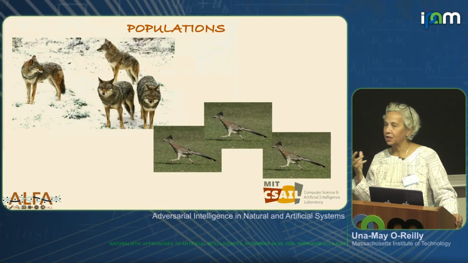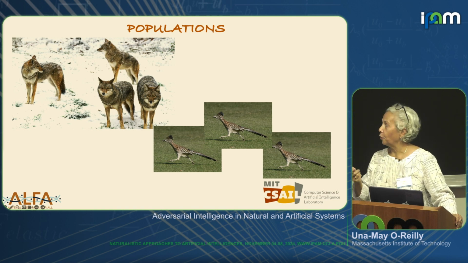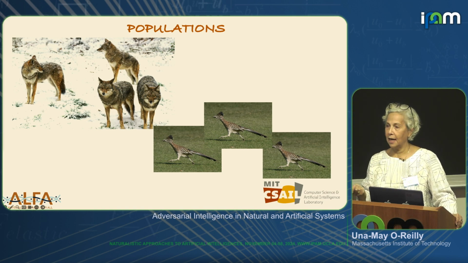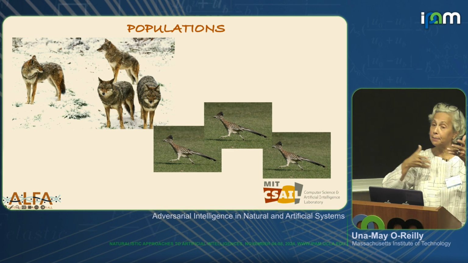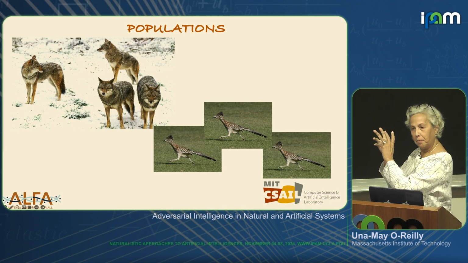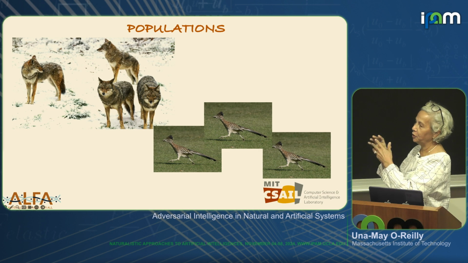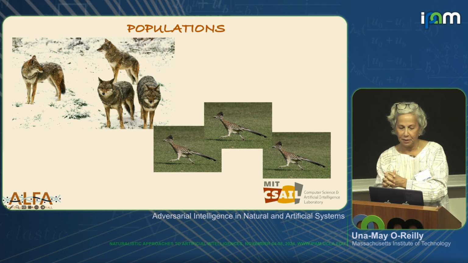There are populations of coyotes that evolve over time to have good strategies for catching their prey, because they act as predators. And of course, there's prey that evolve strategies in response. So there's a locked-in coevolutionary battle going on here, and evolution is responsible for the learning of these different populations.